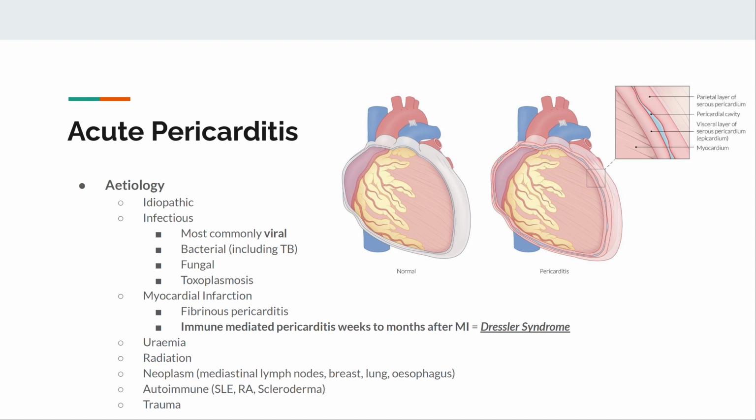The infectious agents: the most common cause in the West is viral infection. But over in other countries, you might see things like tuberculosis causing pericarditis.